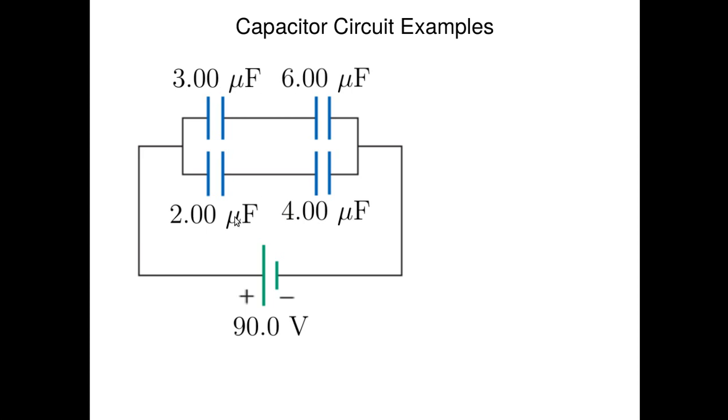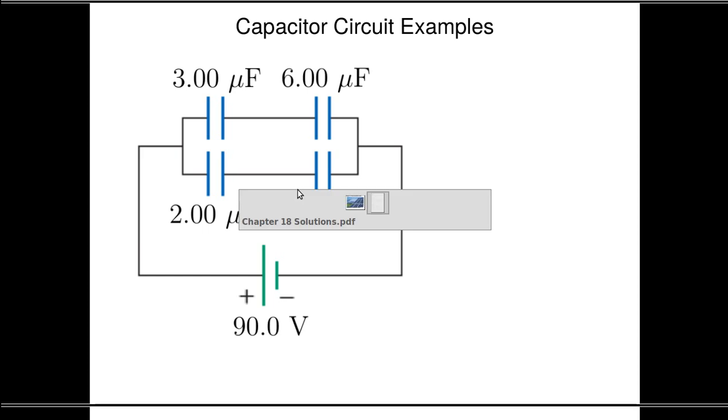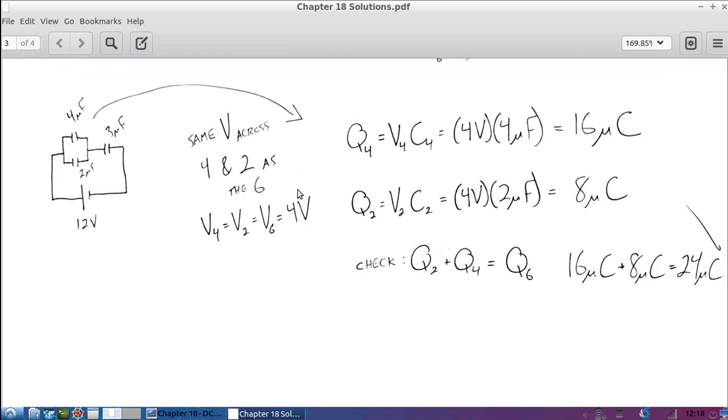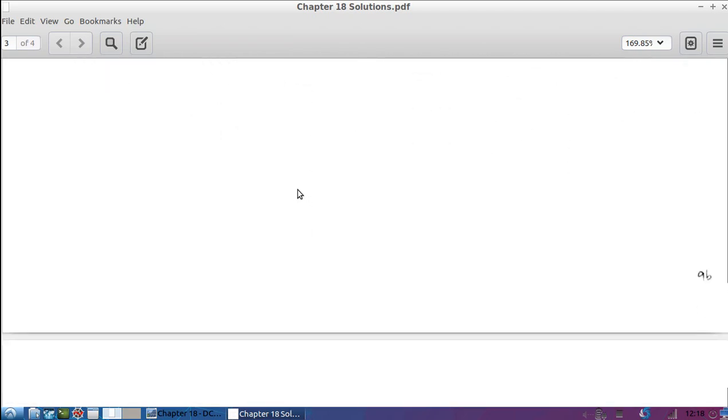I can do the same thing for the 2 and the 4. They're on the same path, even though they're inside this weird parallel junction looking thing. They're directly in series with each other, so I can add them as the first step. So I'm going to add the 3 and the 6, and then I'm going to add the 2 and the 4, and again I'm going to redraw my circuit just to keep track of all my steps.